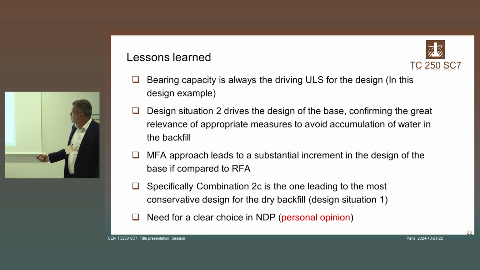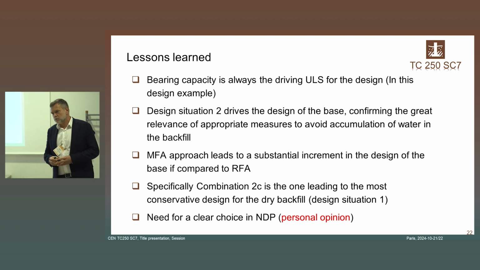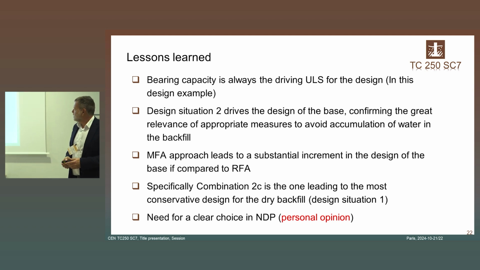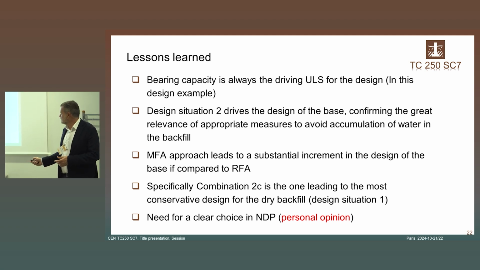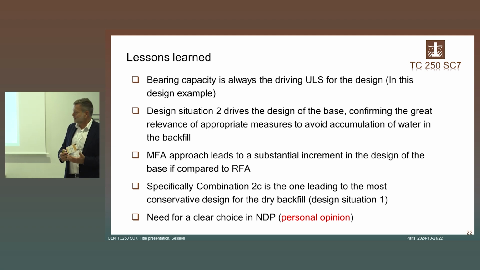The material factor approach leads to a substantial increment in the design of the base compared to the resistance factor approach. And specifically, combination 2C is the one that would lead to the most conservative design for the dry backfill. So if we exclude the case of accidental action, that would lead to a substantially larger dimension for the base.